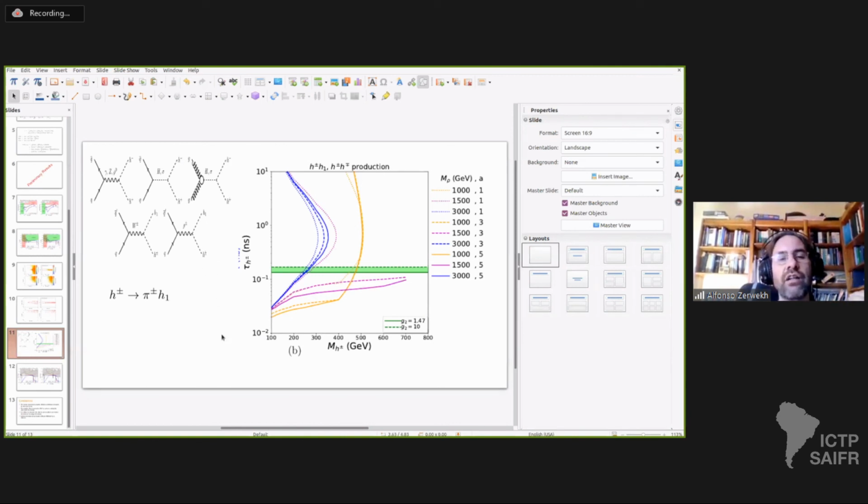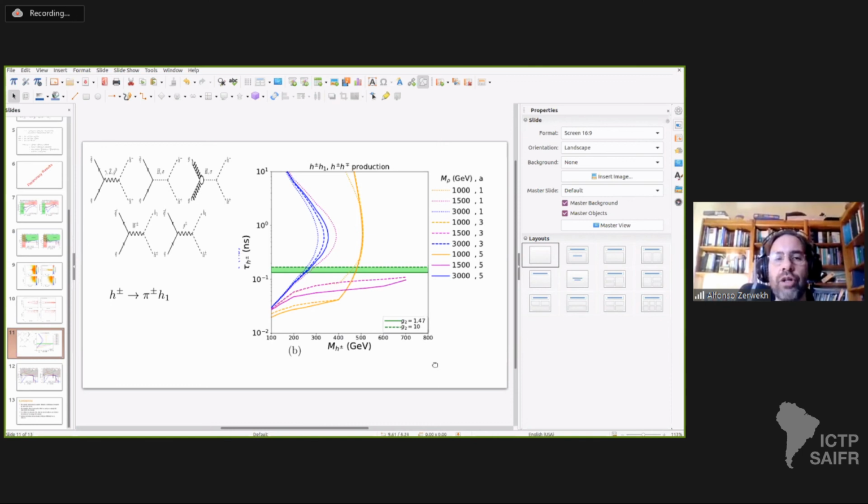These charged partners are long-lived particles, so they can be detected only as disappearing tracks inside the detector. So the detection depends on the lifetime of these charged partners.